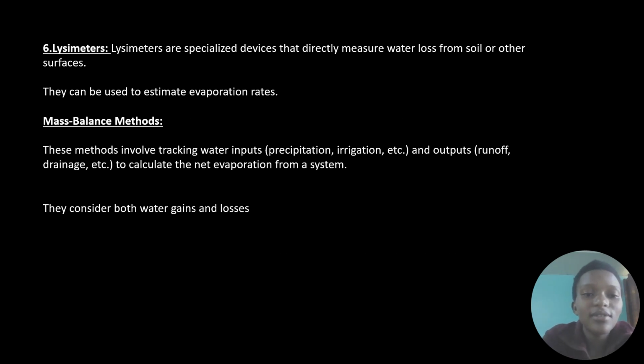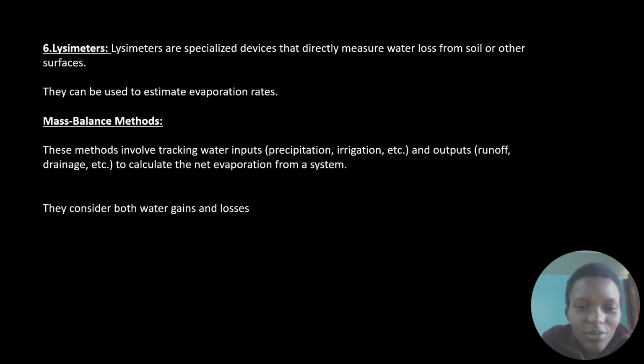Another method, the lysimeter. Lysimeters are specialized devices that directly measure water loss from soil or other surfaces. They can be used to estimate evaporation rate. Mass balance method.